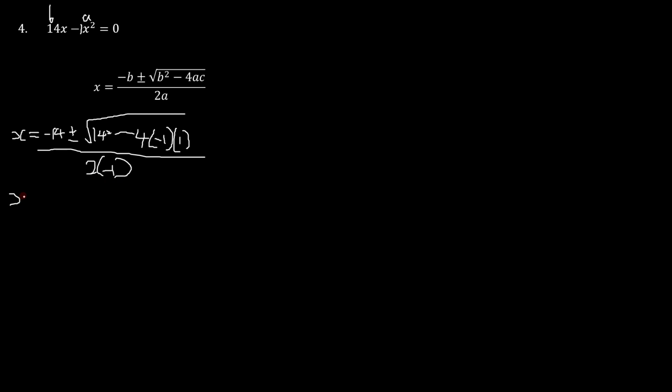So we say x is equal to minus 14 plus or minus the root of 14 squared, 196. Minus 4 times minus 1, and that's plus 4. So 4 times 1 is also 4.